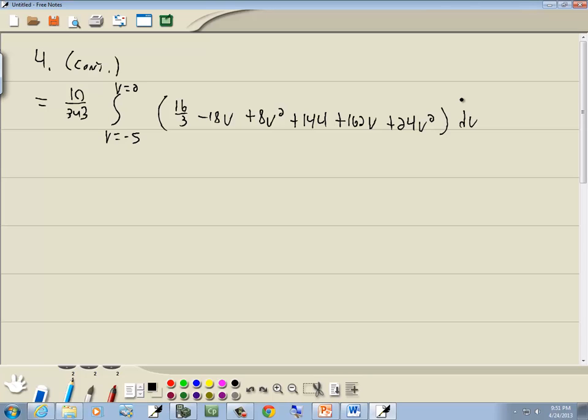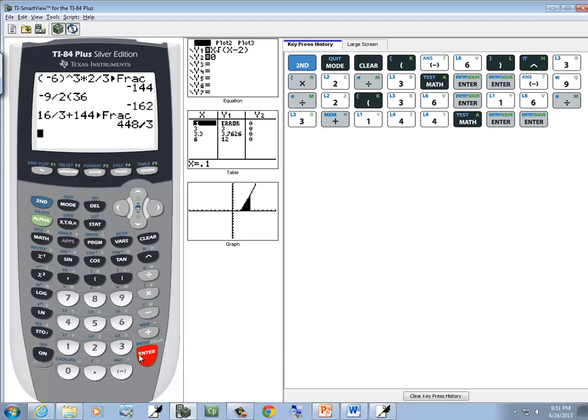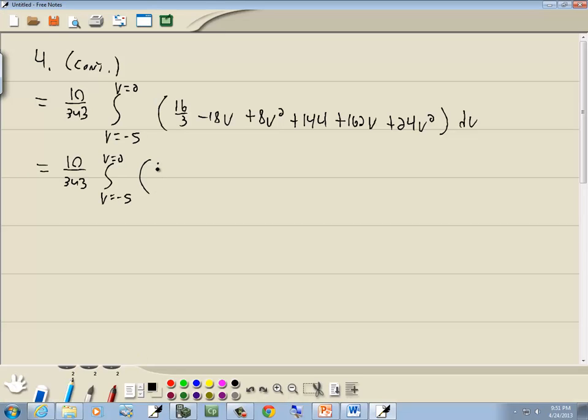Okay. Now we can combine some items here. So this will go from V equals negative 5 to V is equal to 2, and 16 thirds plus 144. 16 divided by 3 plus 144. Math, enter. 448 over 3.